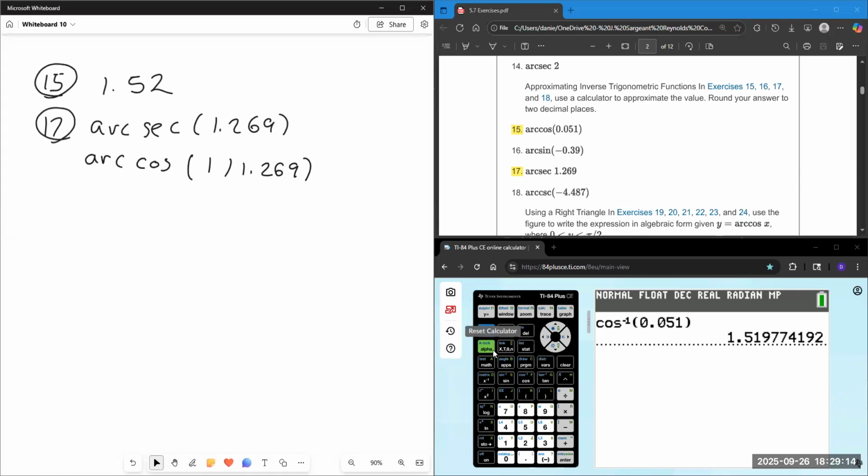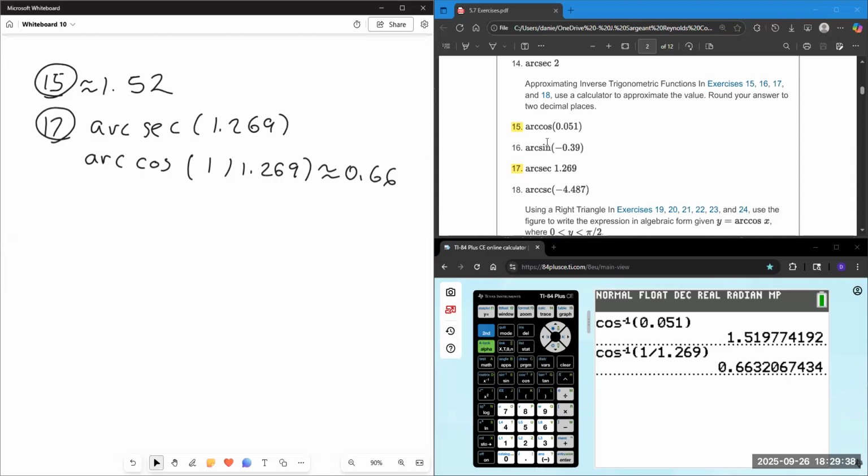So arccosine of 1 over 1.269, rounding to the nearest hundredth, is approximately 0.66. Let's look now at number 25.